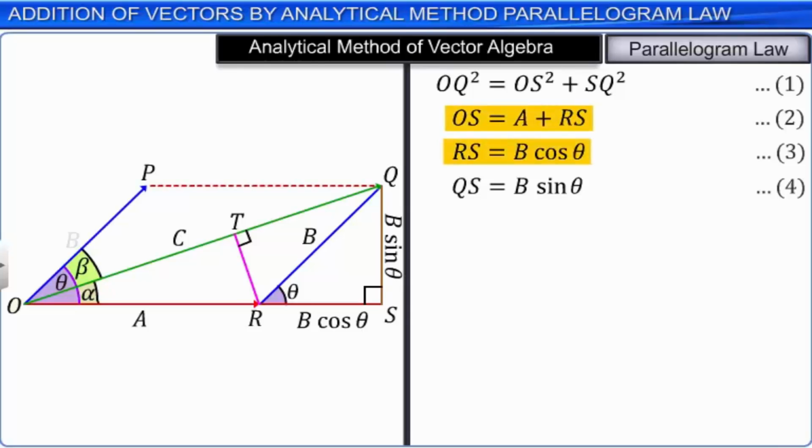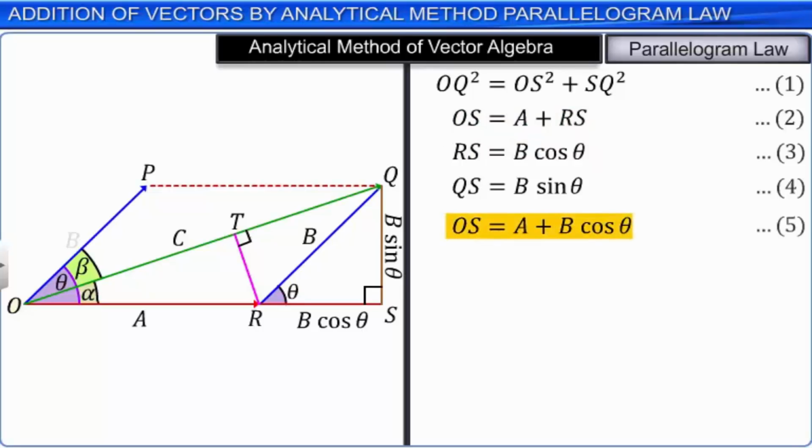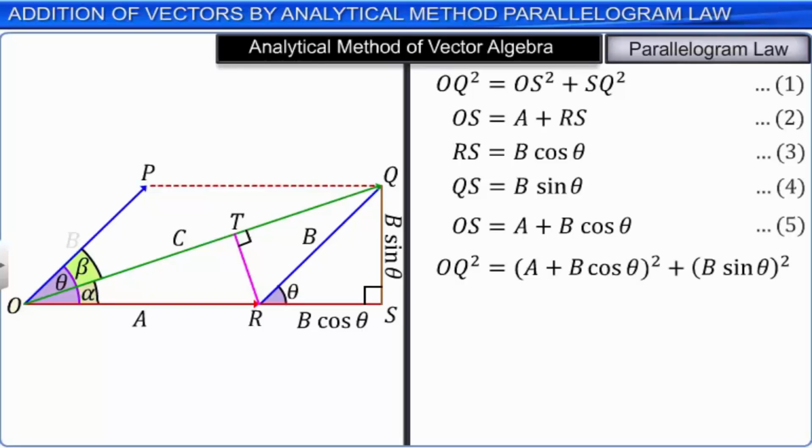We get OQ square is equal to A plus B cos theta the whole square plus B sin theta the whole square, is equal to A square plus B cos theta the whole square plus 2AB cos theta plus B sin theta the whole square, is equal to A square plus B square sin square theta plus cos square theta plus 2AB cos theta.